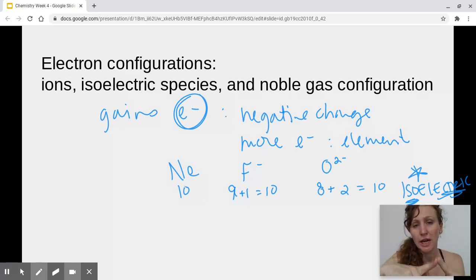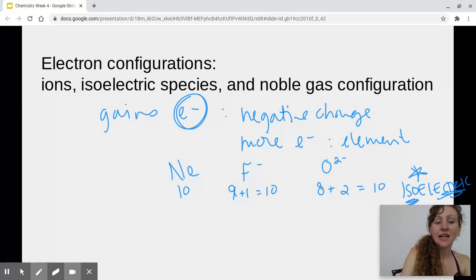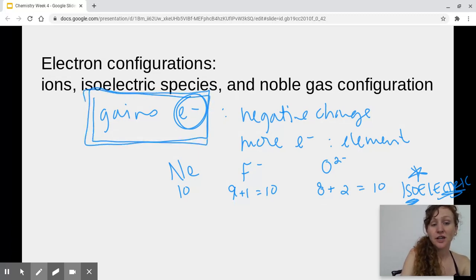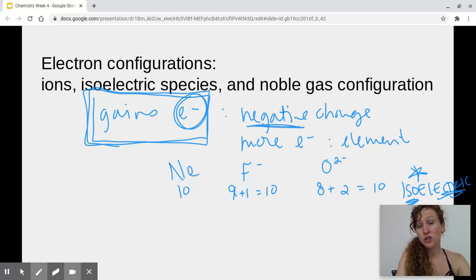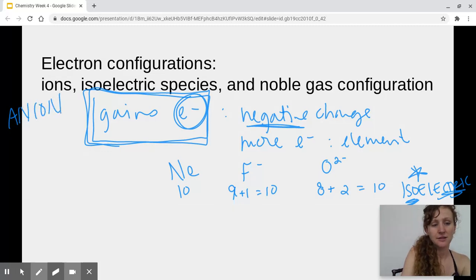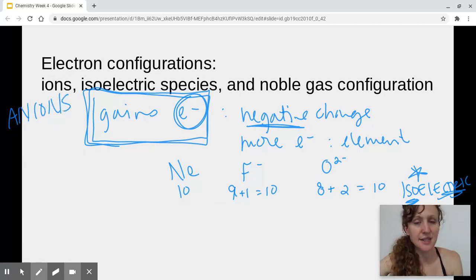We call it the fluoride ion. And the oxygen atom that has become an ion, we call that the oxide ion. One other fun fact: any atom that gains an electron or 2 or 3 and is therefore negative, we have a special term for that. They are called anions. Anions are negatively charged atoms because they have gained electrons.